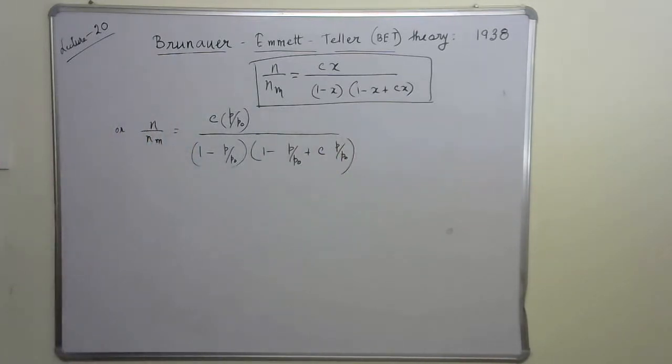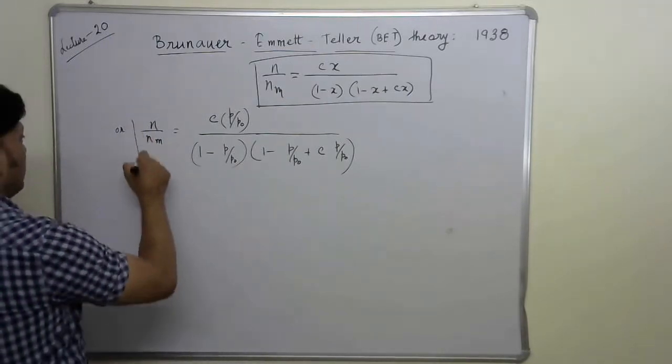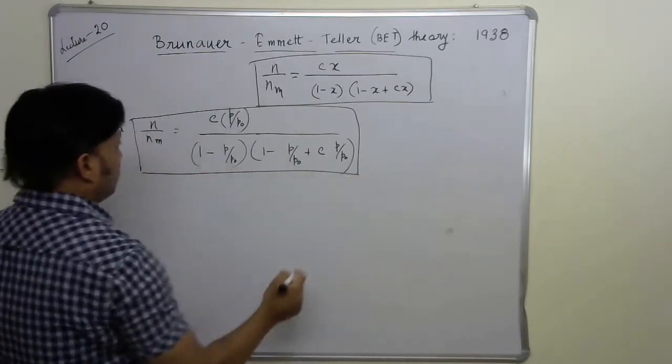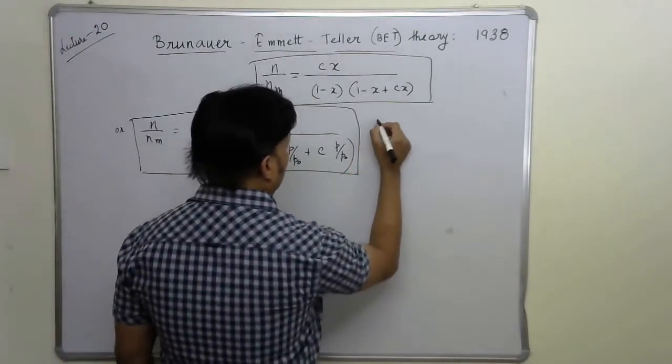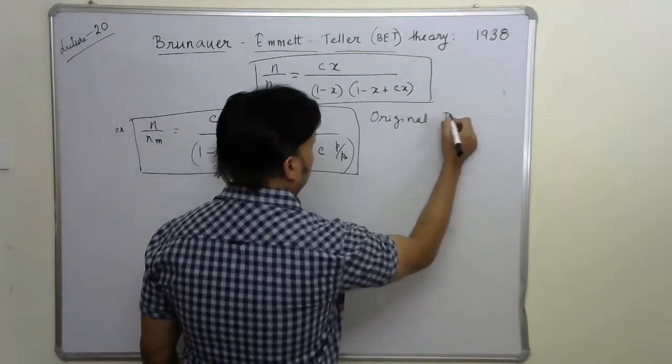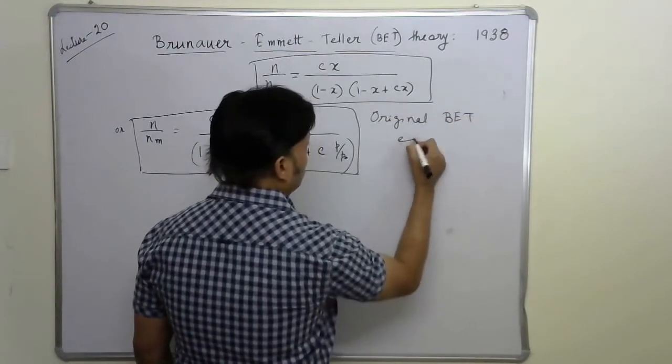Whatever equation we now get, this is actually called the original BET equation.